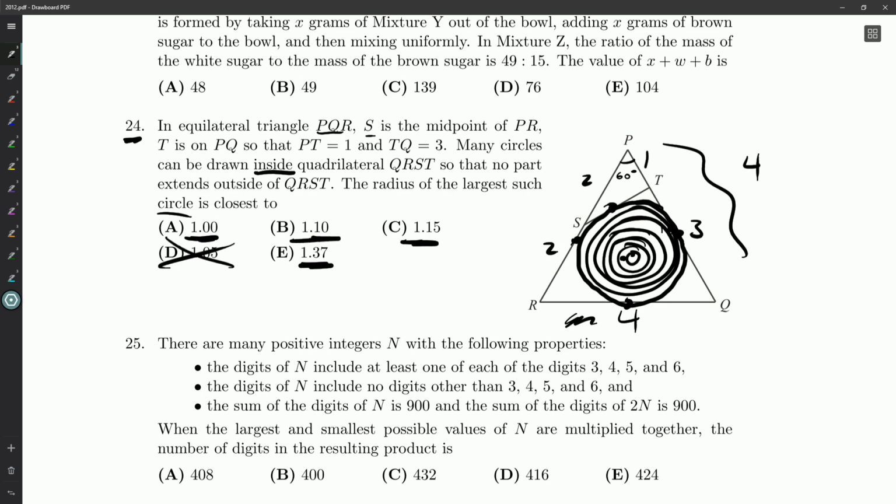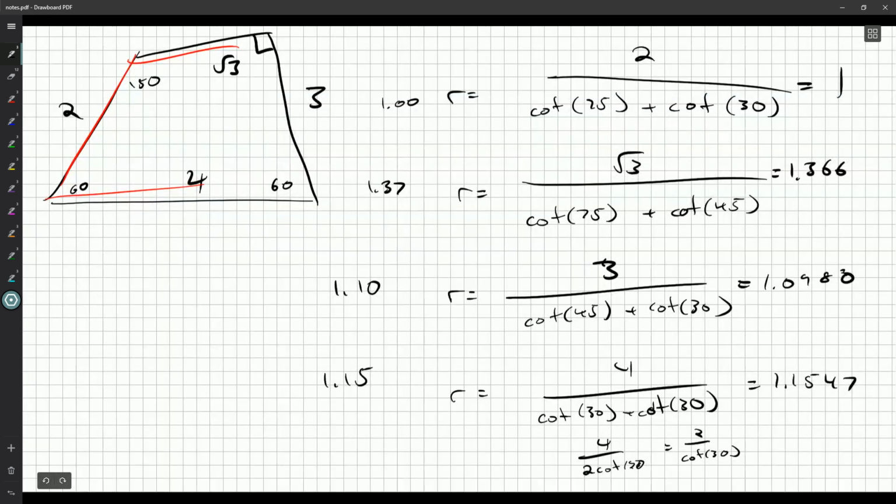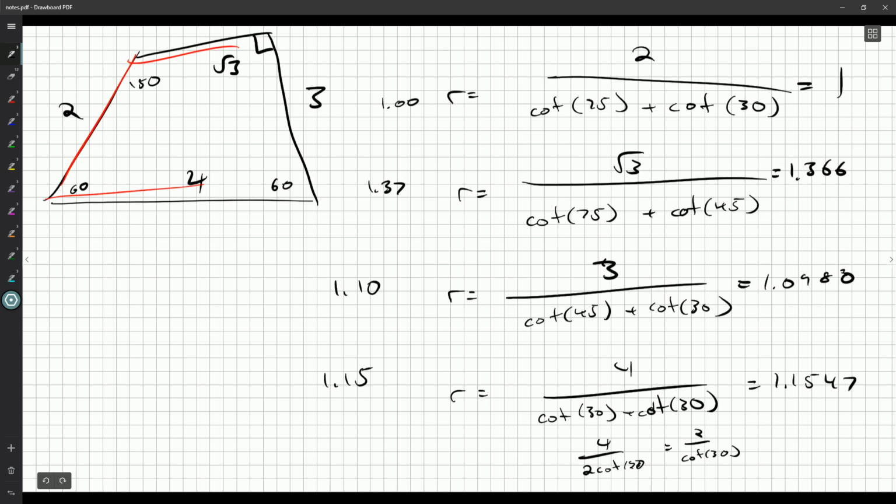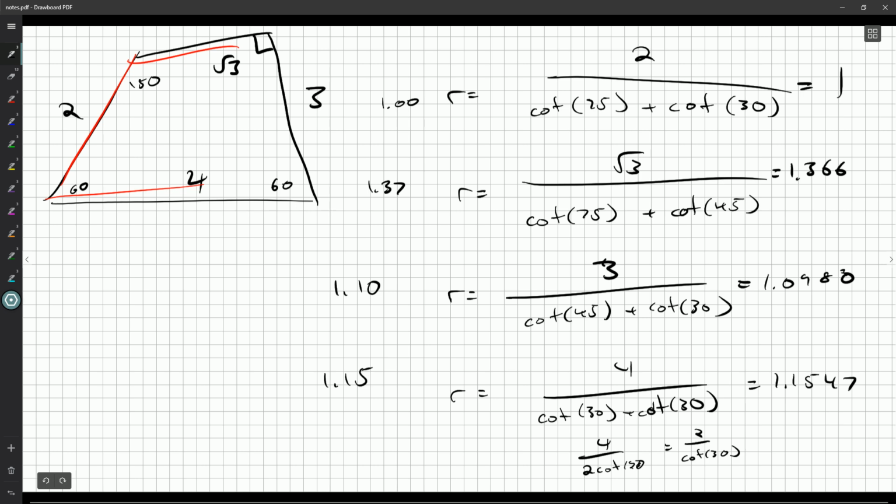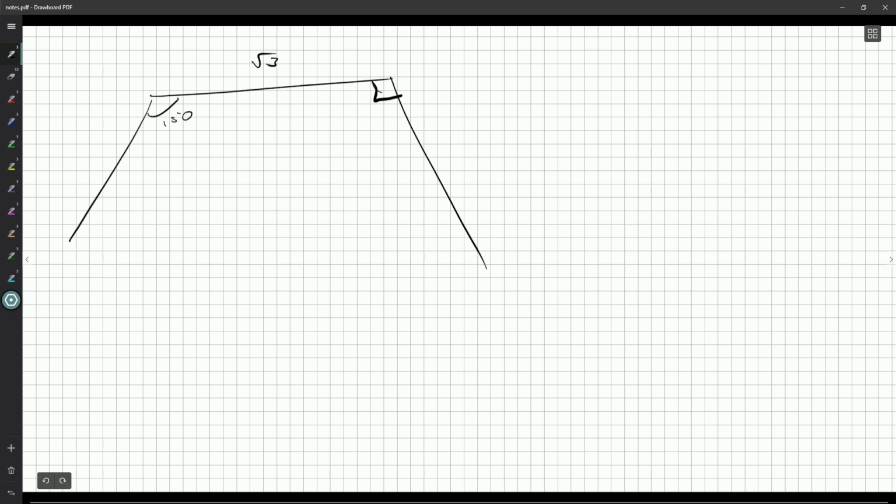How do we tell which one's right? That's the trick now. Okay? So what we've got are sort of a series of possible radii. So if you just give me a side with a root 3, and you've got angles here, 150, and a right angle there, the biggest circle that you can draw that's tangent to these three sides is going to have a radius of 1.37.